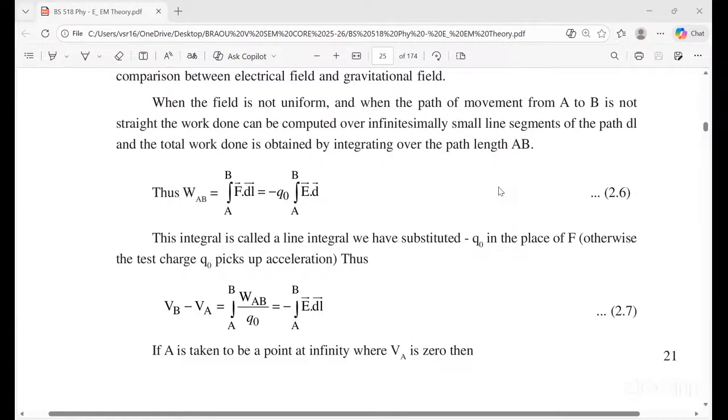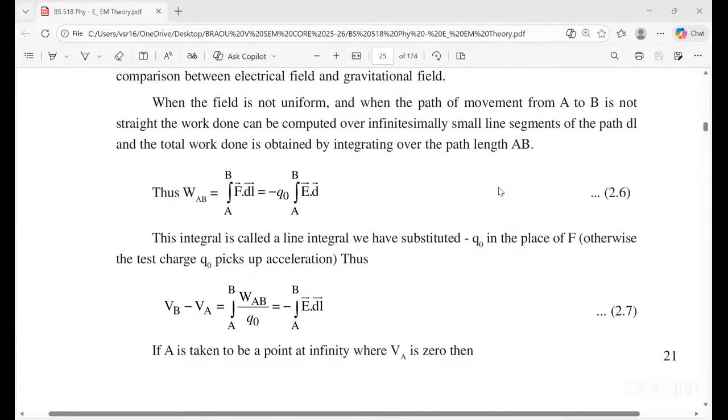So the total work done to carry the test charge by this length dl against the force of the field in an electric field can be given in integral form: W equals integral from A to B of F dot dl. Why? Because the work done is nothing but F dot dl. By integrating, the integral gives you the total work done to carry the test charge against the force of the field.